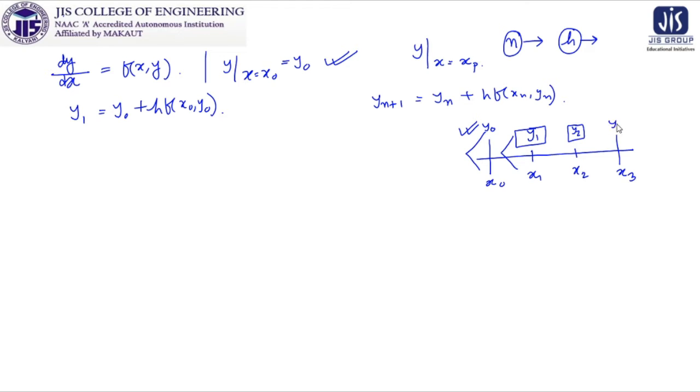And then we find the value of y3 with the help of y2 and x2. But recall that from x0 to x1, when we calculate y1, we are just giving one step jump and we get it here. Taking this value into consideration, we give one more step jump and we get to y2, and similarly we get y3.